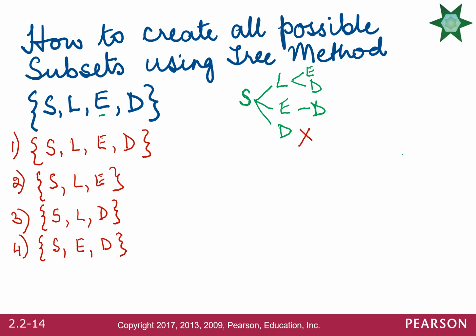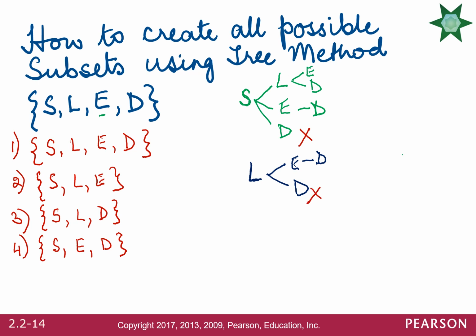All right, so start with L, and then what comes after L? It's an E or a D, correct? And then for the third pick, after E you can get D, correct? So I'm going to write D. For the D here, what comes after D? Nothing. So this drops off the tree.